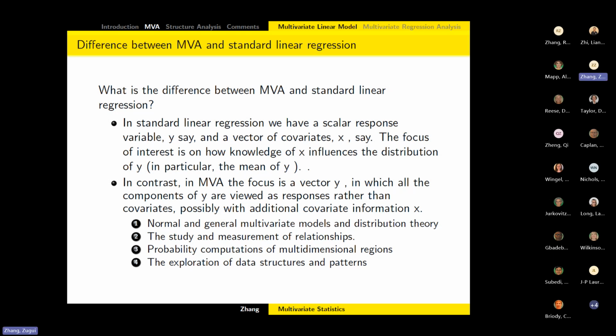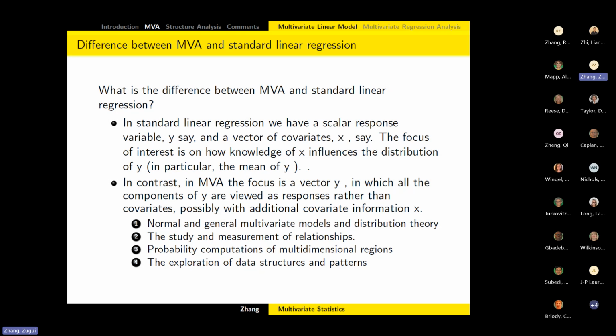What is the difference between multivariate analysis and standard linear regression? In standard linear regression, we have a scalar response variable y and a vector of covariates in the design matrix. The focus of interest is on how knowledge of the covariates X influences the distribution of Y, the mean of Y. In contrast, in multivariate analysis, the focus is a vector Y in which all the components of Y are viewed as responses, possibly with additional covariate information.